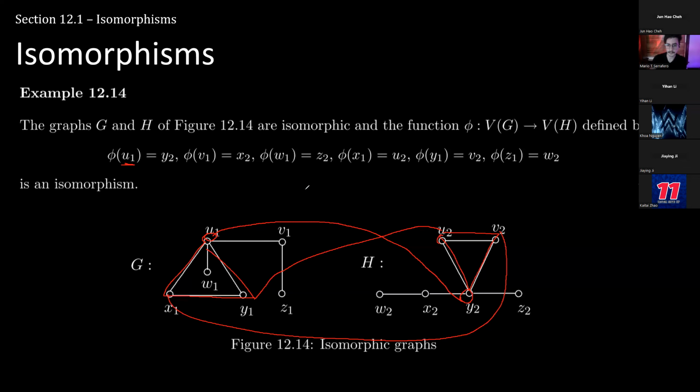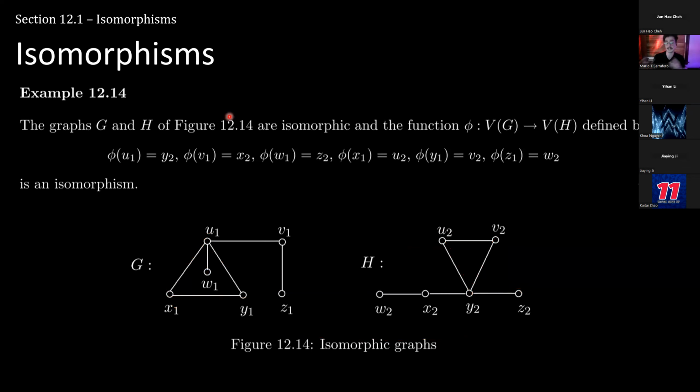And then, for example, this is a lone node. This is a degree 1 node. Therefore, it must be matched to the degree 1 node that is connected to Y2. So you can already see that it's kind of fun. It's like you're grabbing the graph on the left, and you have to find how it is warped and transformed in such a way that the edges are preserved in order to get to the one on the right.